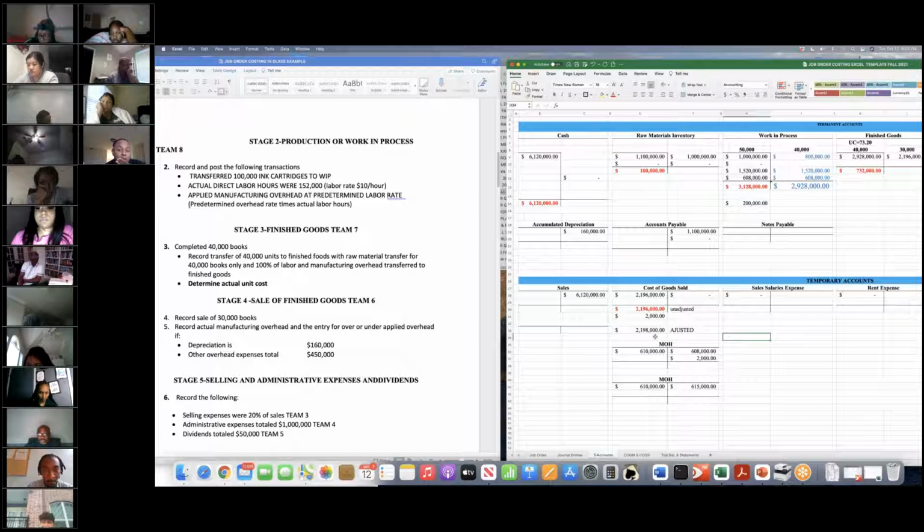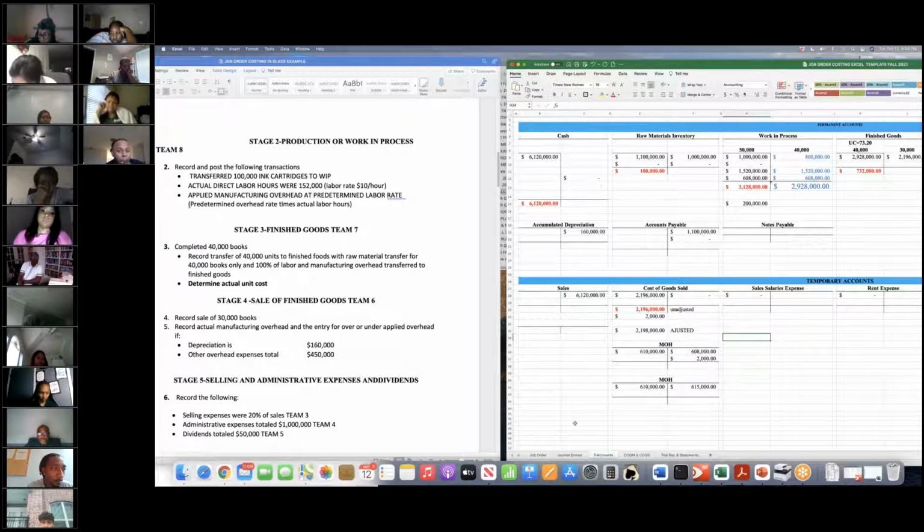We have to estimate because we got to get a selling price and sell items, and you're just hoping you're close based on your analysis. At the end of the day, the overhead account has to come to zero.